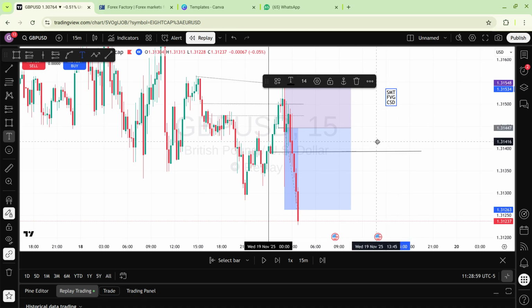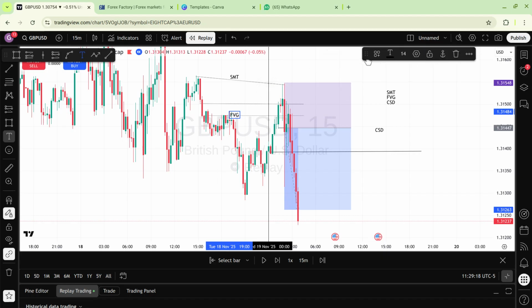So I had my change in state delivery here, where the entry was, I had the SMT here, and I had a fair value gap here. Those are the only three things I look for when I'm trading. And I think maybe these are points someone can use to add benefit to their trading, and that's why I decided to share them today.